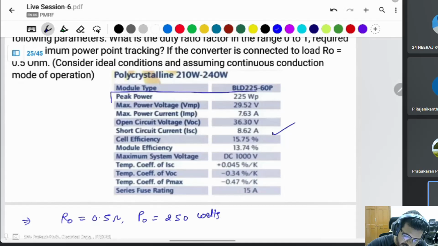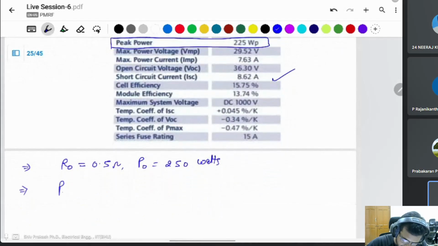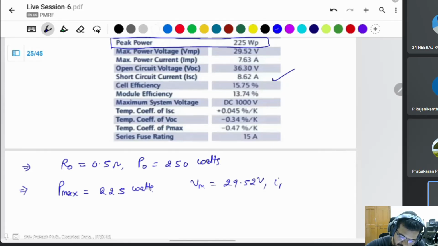Peak power is the same as the maximum power. P max is given, 225 watts, sorry, 225 watts. VM is given, 29.52 volt. IM is given, 7.63 ampere.